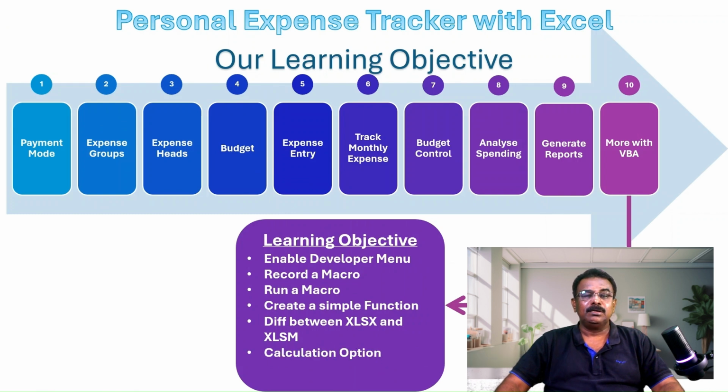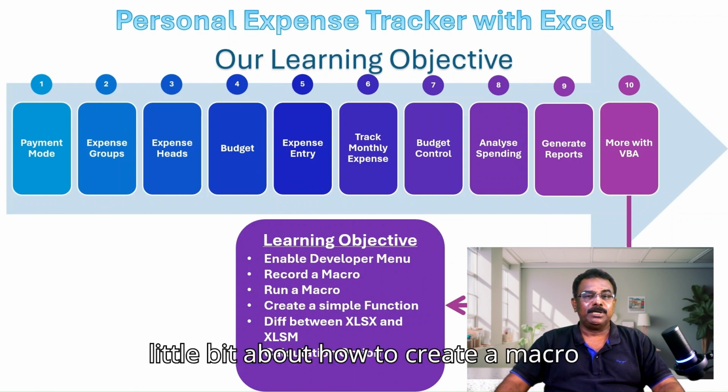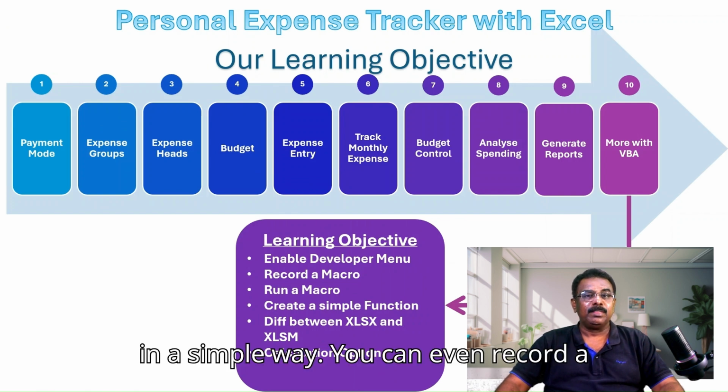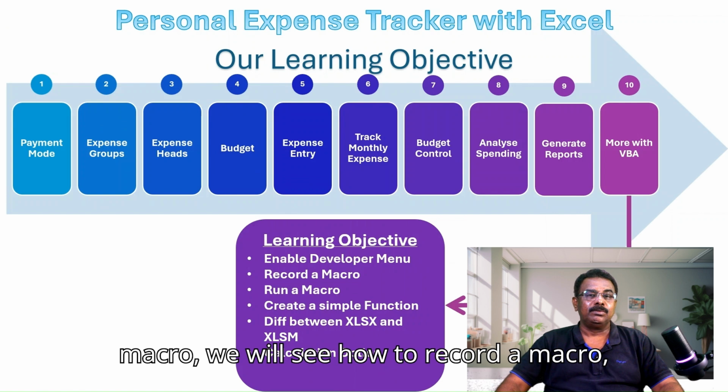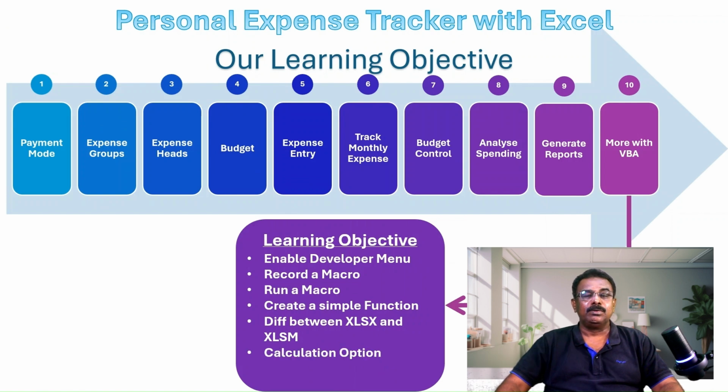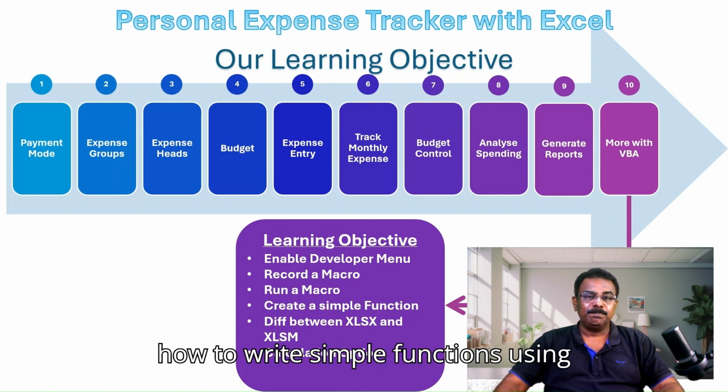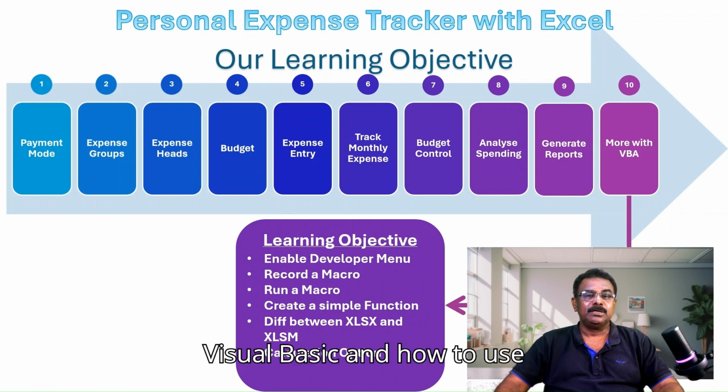So we will learn a little bit about how to create a macro in a simple way. You can even record a macro. We'll see how to record a macro, how to write simple functions using Visual Basic, and how to use them.